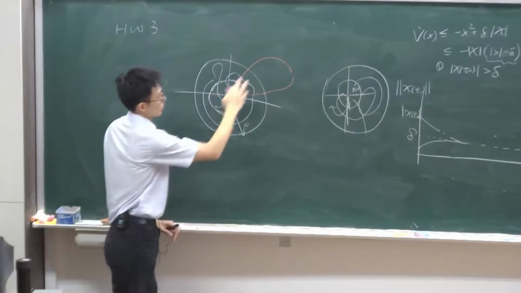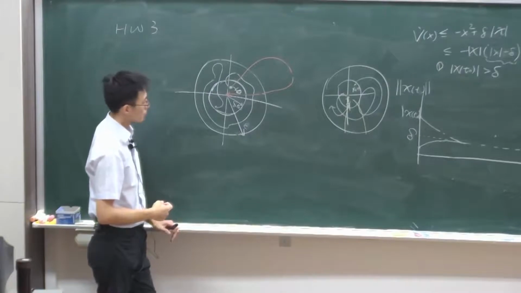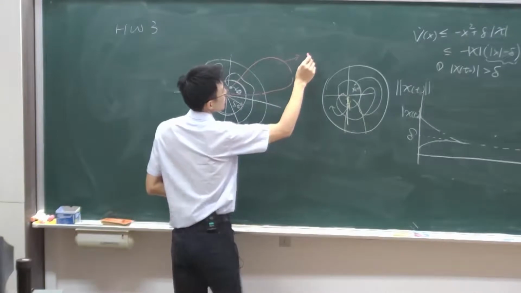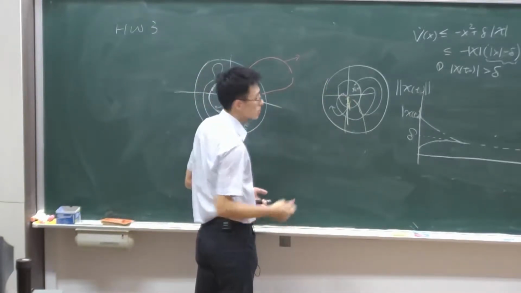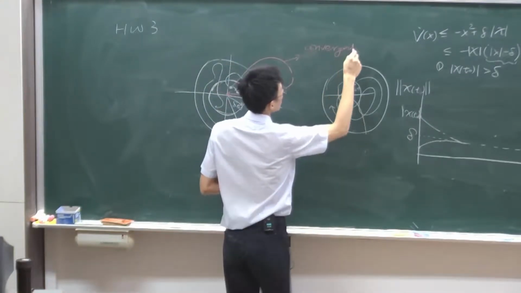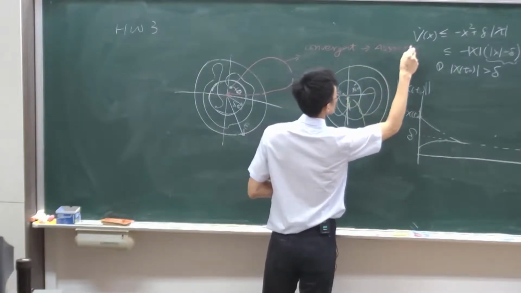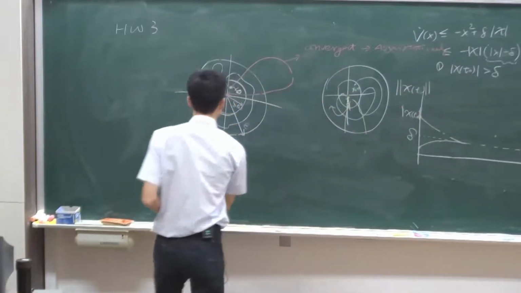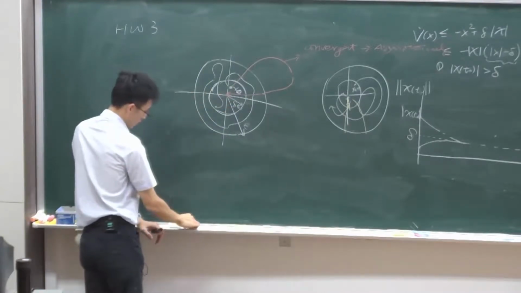It doesn't care about where it goes during the period, okay? 这样懂吗? So convergent sometimes also implies asymptotic, right? Okay, and this is stable.